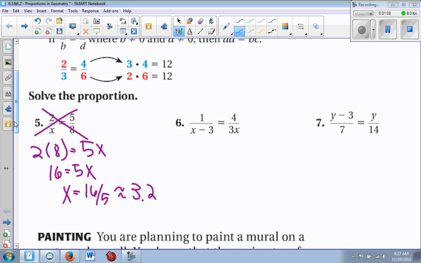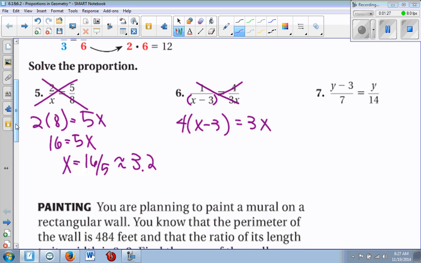In the next one, same concept still. We're still going to do cross products. The thing that you have to remember here, though, is the x minus 3 is in parentheses when you cross multiply, because when we solve this, you're going to have to use the distributive property. So my recommendation is always put a denominator with subtraction like that, or a numerator with addition or subtraction like that, in parentheses so that you remember to do the distributive property.